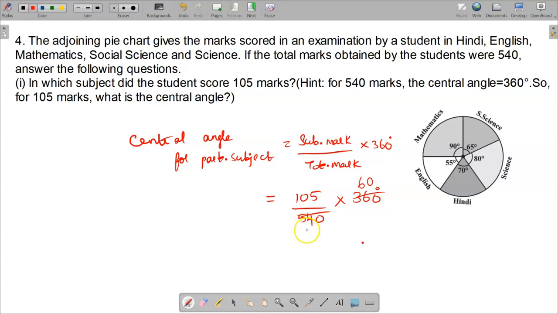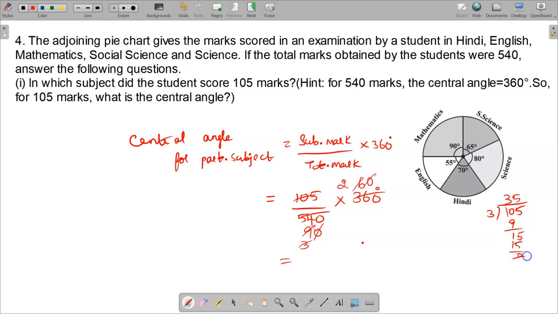Similarly, 6 9s are 54, you have 0 here. So this 0 gets cancelled. 3 2s are 6, 3 3s are 9. So we have 105 into 2 divided by 3. Again you can divide by 3 tables. 3 3s are 9, and the balance is 1, you have 5, 3 5s are 15.